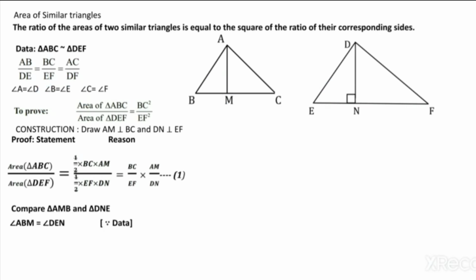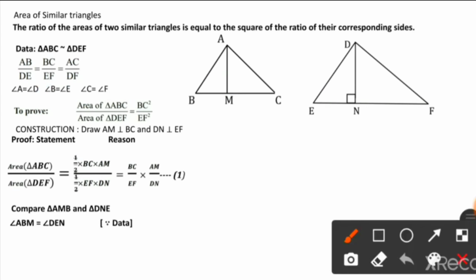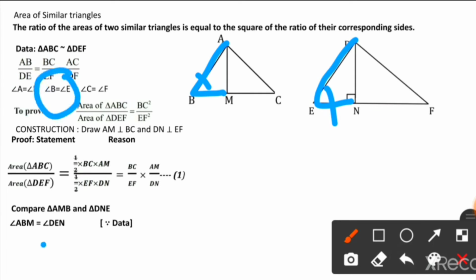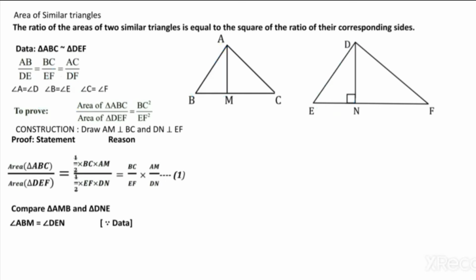So the first thing is, ABM is equal to DEN, because the given data says that since the two triangles are similar, their corresponding angles have to be equal. Therefore ABM is equal to DEN according to the given data.